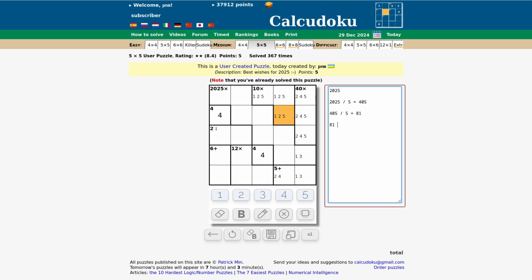Now 81 you might recognize from your primary school multiplication tables is equal to 9 times 9, which is equal to 3 times 3 times 3 times 3. So 2025 is 5 times 5 times 3 times 3 times 3 times 3.